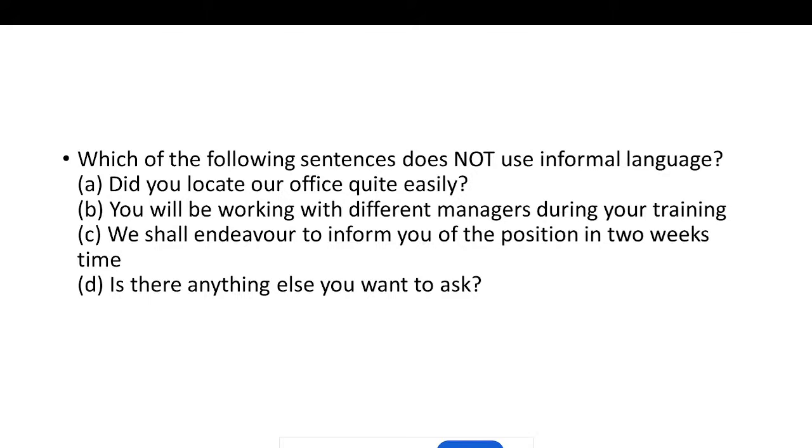We shall endeavor to inform you of the position in 2 weeks' time. Did you locate our office quite easily?